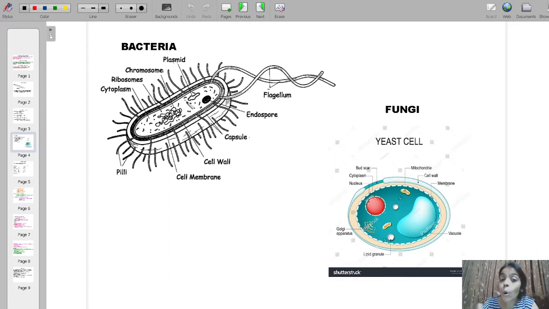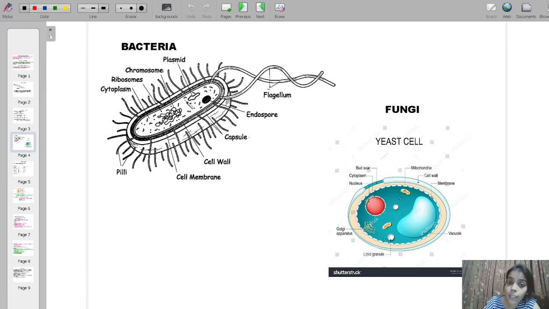They are prokaryotic, which means they have a primitive kind of nucleus. Pro means primitive. Karyotic comes from the word karyon. Karyon means nucleus. So they have a primitive nucleus.